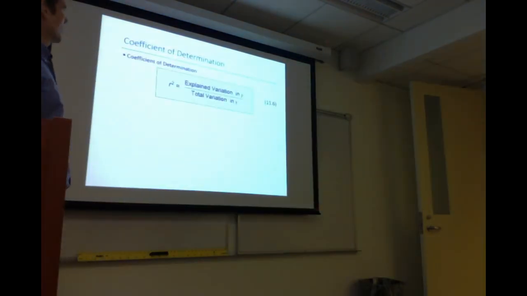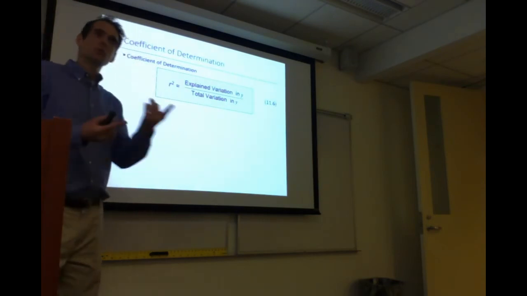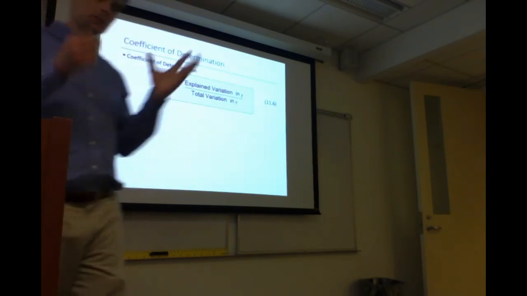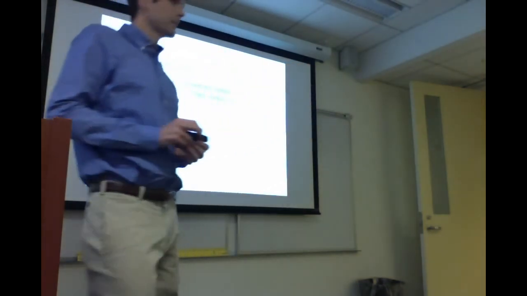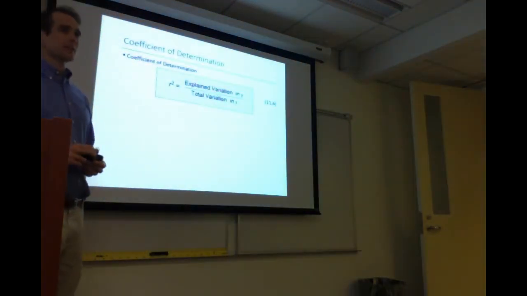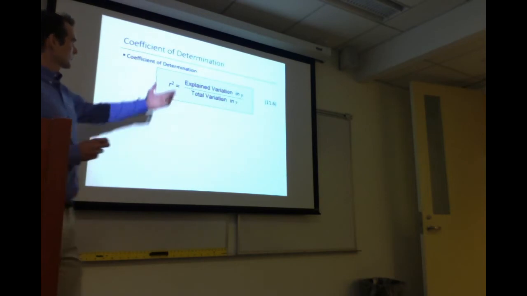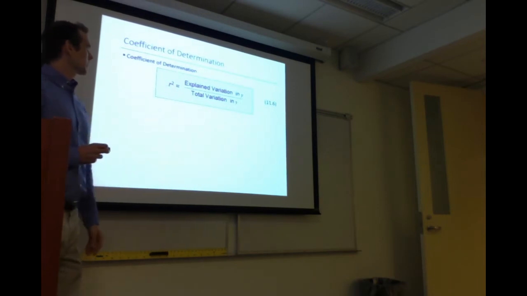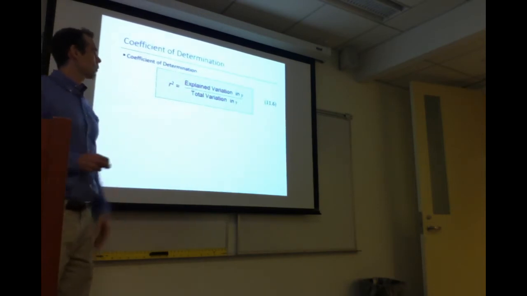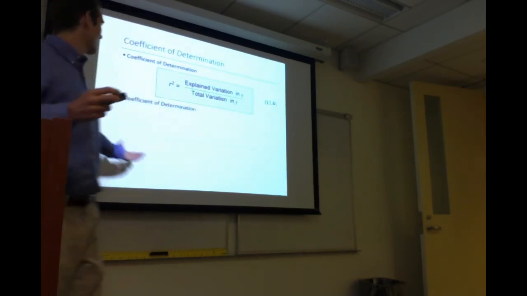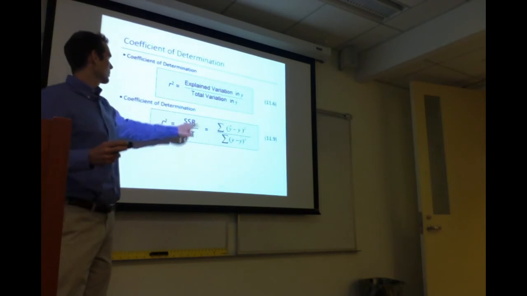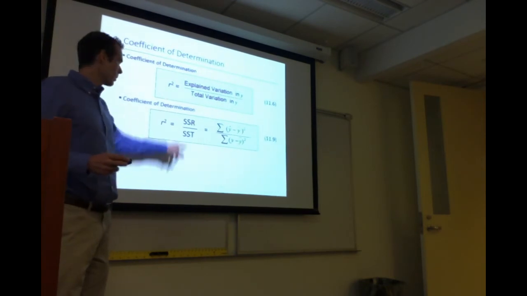All right, and now we are at the point I jumped ahead to, because we had it based on our discussion, and I didn't want to wait too long before we got to the punchline. R squared, the coefficient of determination, is the explained variation of y divided by the total variation of y. Mathematically, we take our sum of squares of the regression divided by the sum of squares of the total.